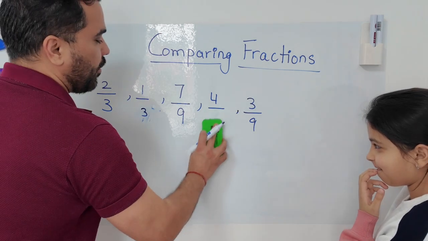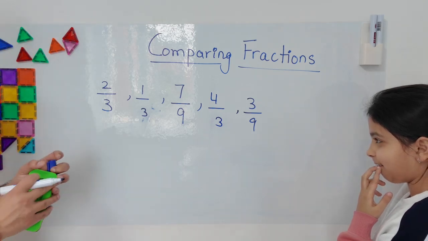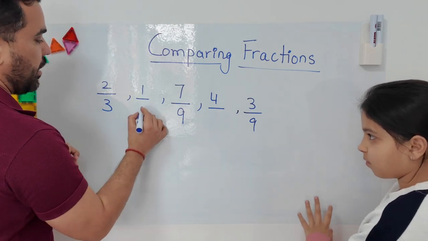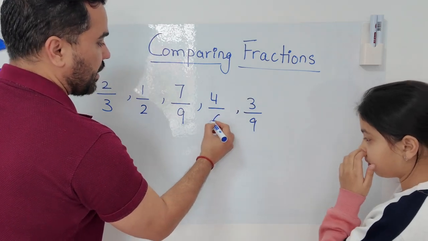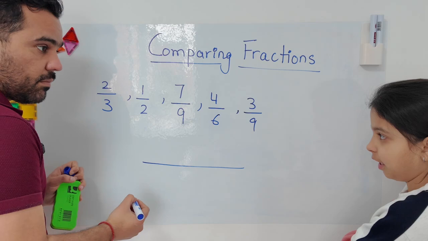What about if this is also 3? 9. Right? Now I have changed it so much, I have forgotten what exactly this was. 6. Right. So the common denominator is 18.